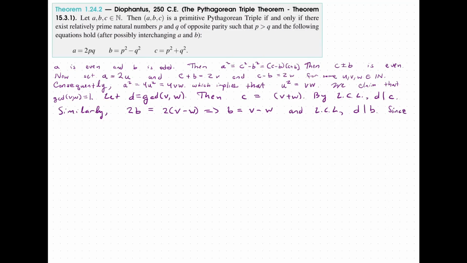But we know that b and c are relatively prime. And so that tells us that d must be 1.